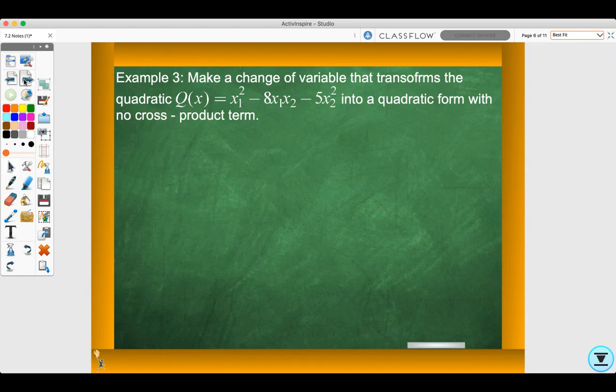Let's look at, it says example 3, but really example 2. Make a change of variable that transforms the quadratic form q of x equals x1 squared minus 8x1 x2 minus 5x2 squared into a quadratic form with no cross product term. So with this, I'm going to rewrite my q of x.